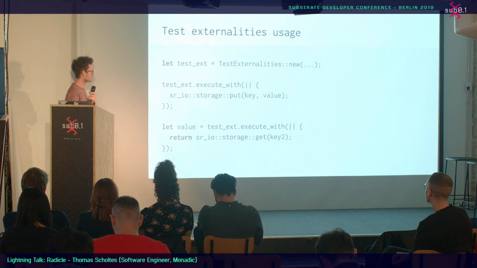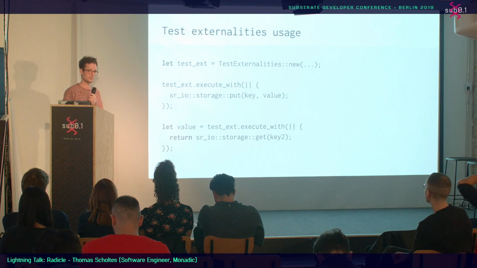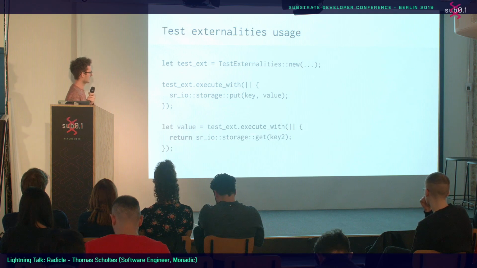Because this expects to be run in the Substrate runtime when the storage of the chain is available. But now with test externalities execute with, this provides the environment for the storage, and you can write something to the storage, as well as here get something out from the storage.